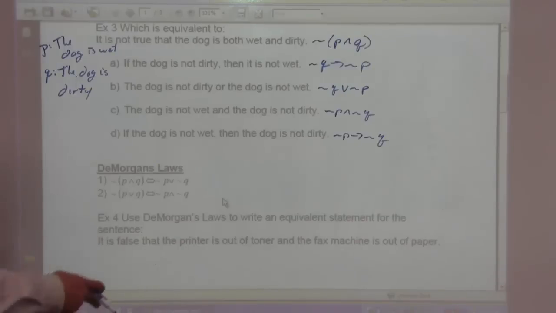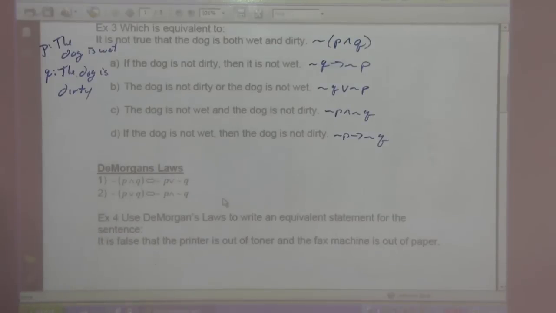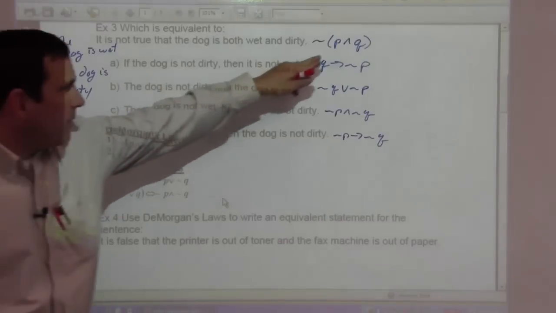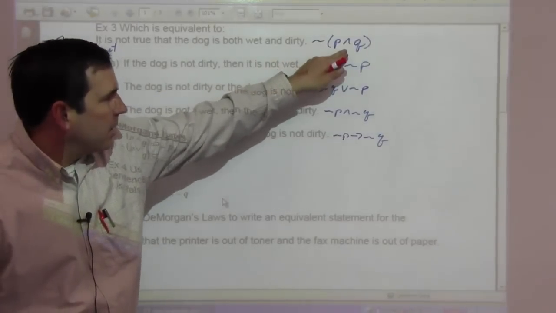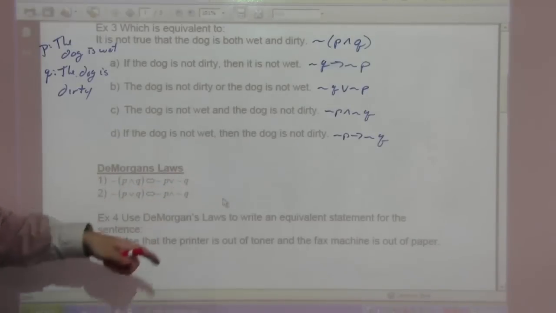To figure this out, one thing that can help us is De Morgan's laws. De Morgan's law says the negation of an and, which is what we have here, we have a negation outside an and, would be the negation of the first one or the negation of the second one.